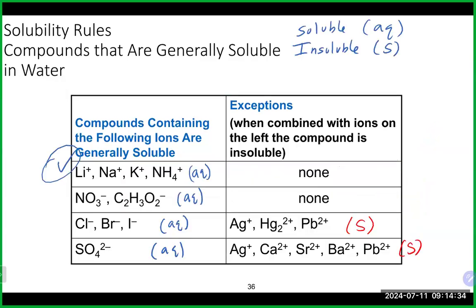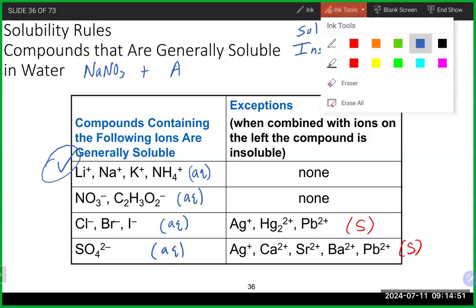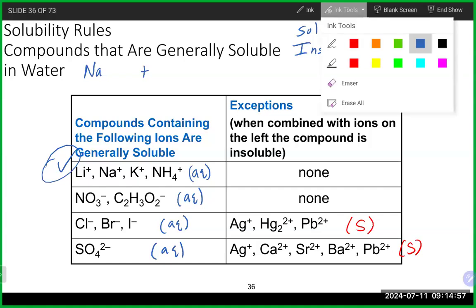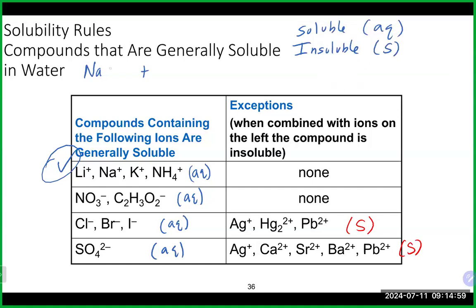So how do we use these? For example, if we had some sodium nitrate plus some... actually no, let's do some sodium chloride plus some silver nitrate.